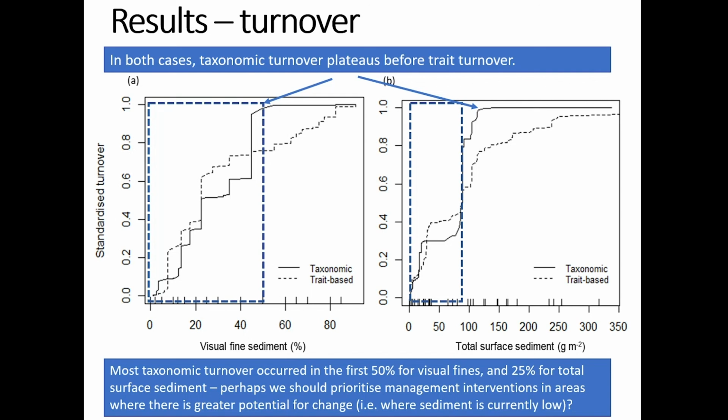And also, most turnover, both taxonomic and trait-based, occurred within the first 50% across the pressure gradient for visual fines and 25% for total surface sediment. So perhaps this indicates that we should prioritise land management interventions in areas where there is greater potential for change, so i.e. where sediment is currently low, yet has the potential to become higher over time.